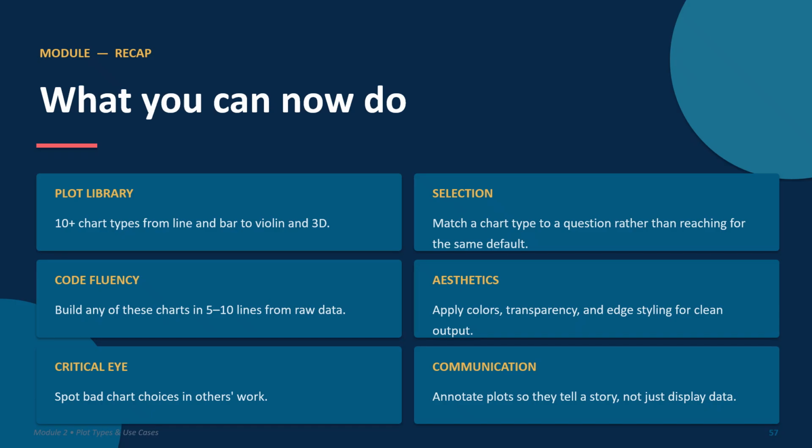So this is all about the entire Matplotlib library. We have seen more than 10 chart types, from line and bar to violin and 3D, and how to code them and gain information from each plot.